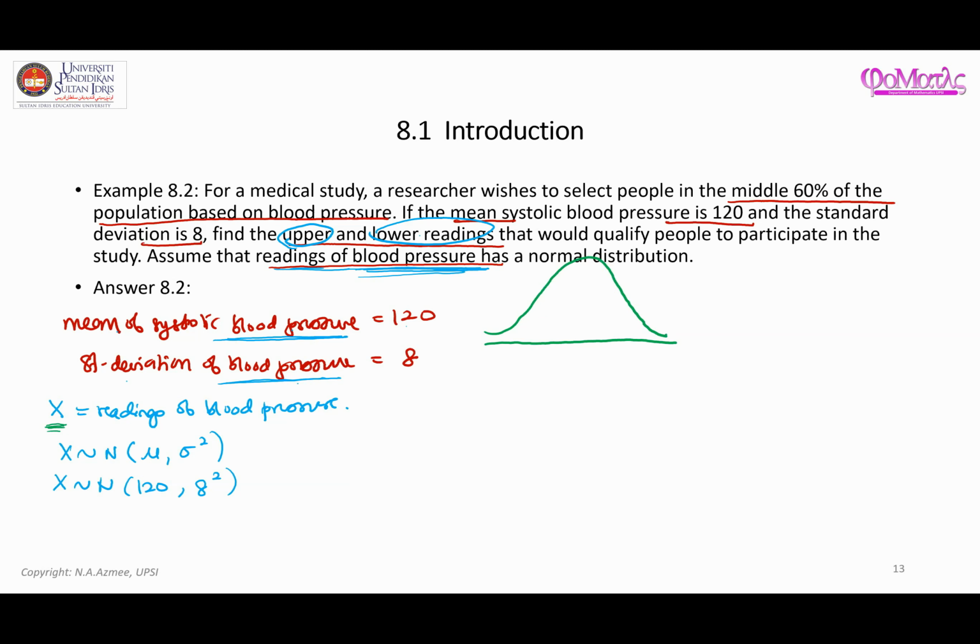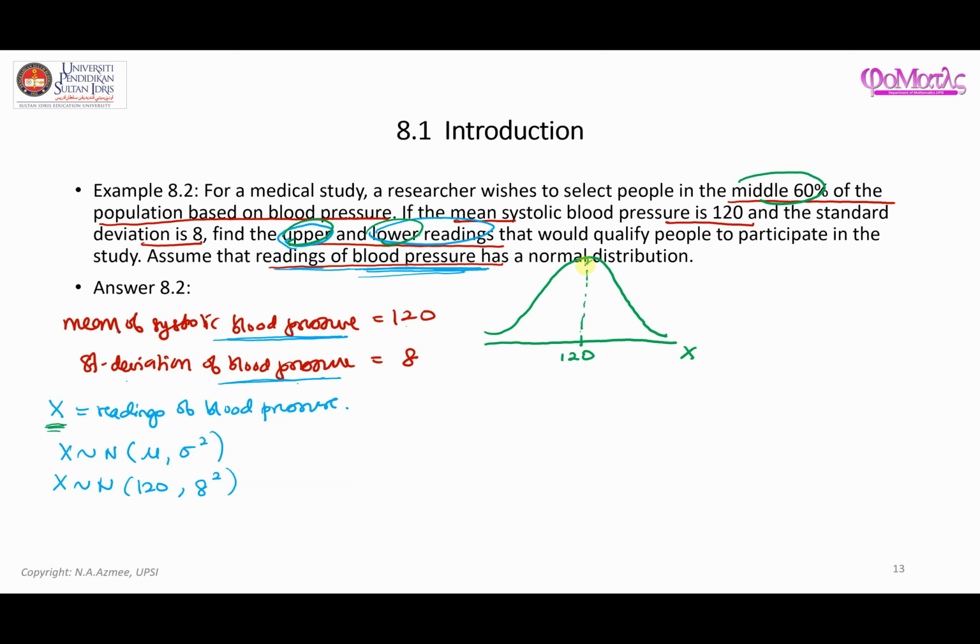And we know that the center point here is going to be at mu, which is 120. And we want to know what the upper and lower readings are, so what is the upper value and lower value of x such that it will qualify people to participate in the study. And the researcher here wishes to select people in the middle 60%.